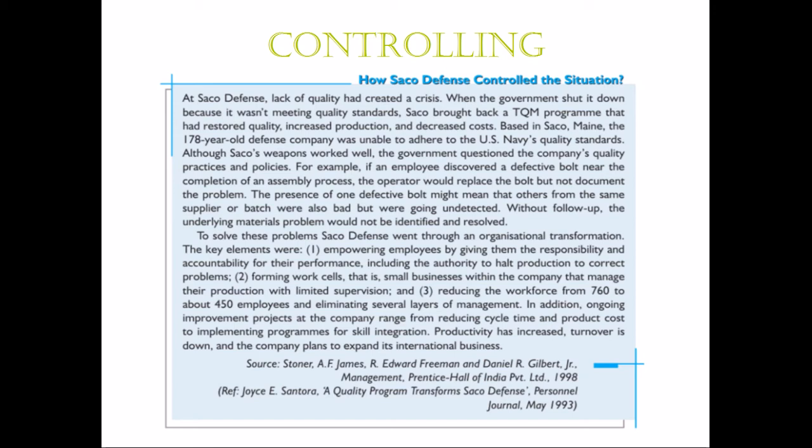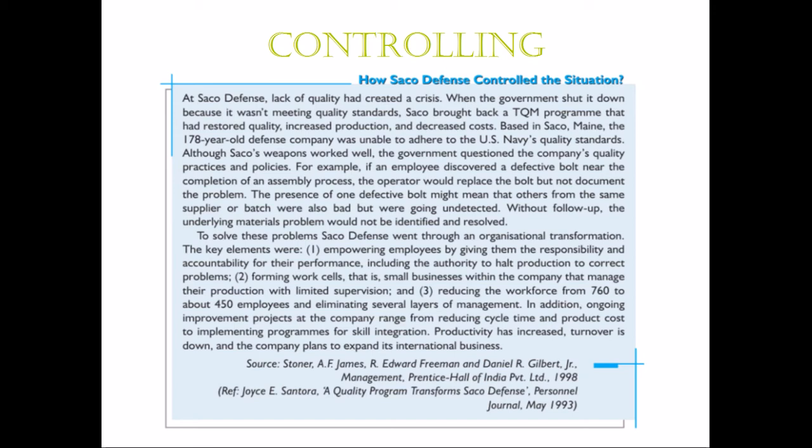To gain back access and to increase their sales, Saco Defense changed its processes. For example, they asked its employees to find if there are any defective bolts in their products.